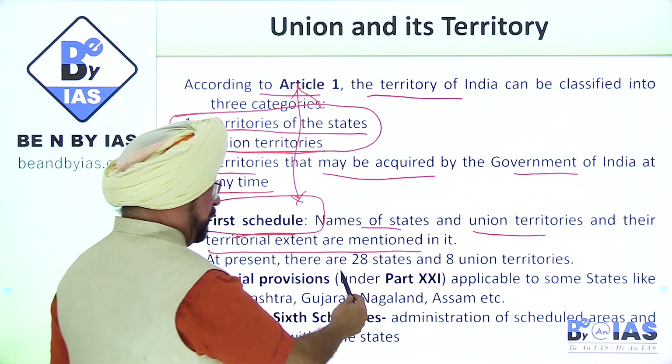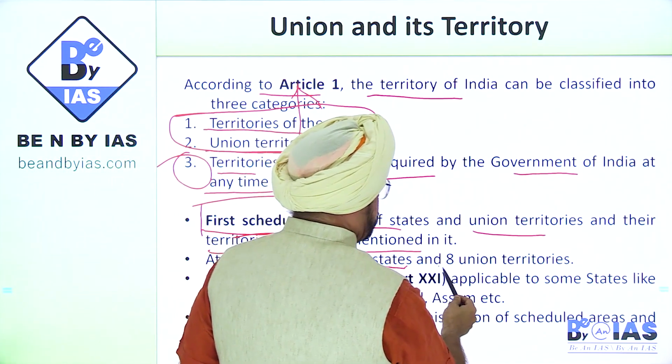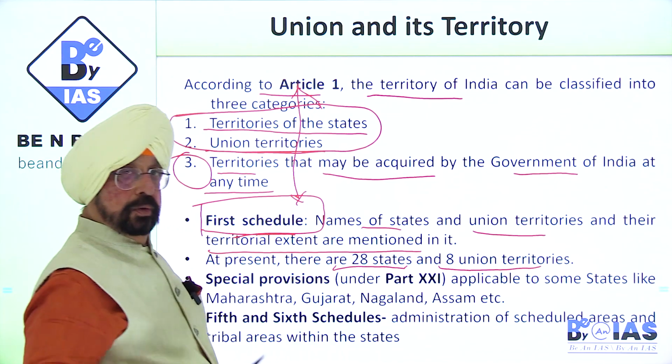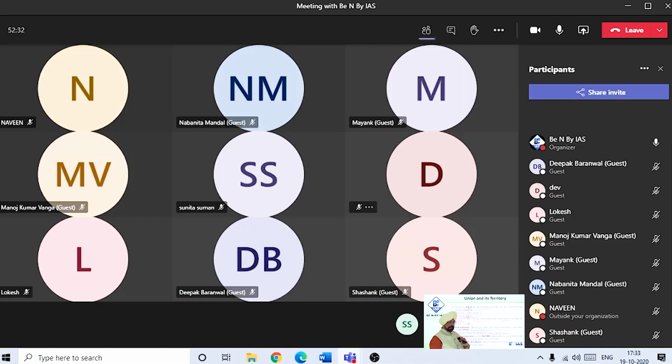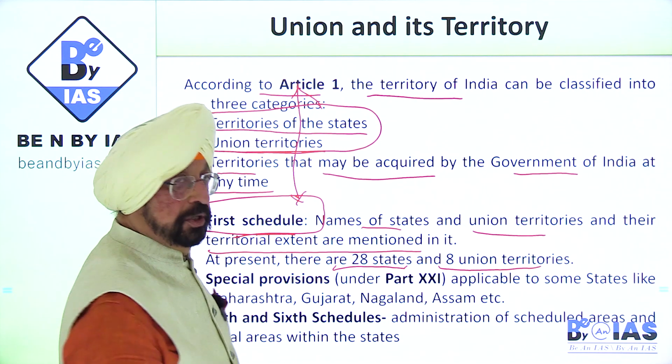Now, as I said, there are at present 28 states, 8 union territories. We will see how different states have been reorganized, new states have joined, their names have been changed, in the later part of our session. And how these changes were carried out.